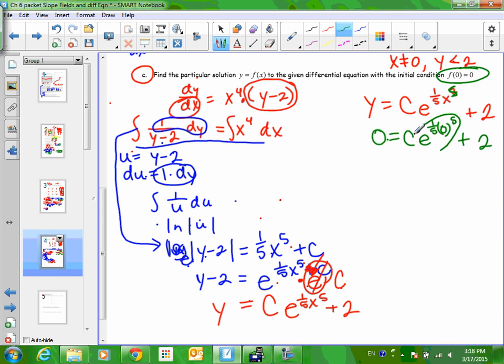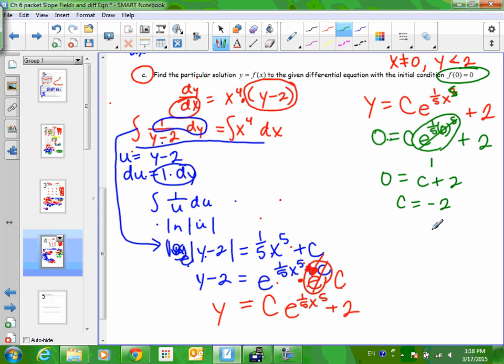What is this whole part? e to the power of what? 0. And what is e to the power of 0? It's just a 1. So I end up getting 0 equals c plus 2. So what is c? -2.